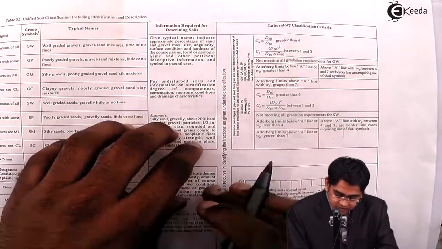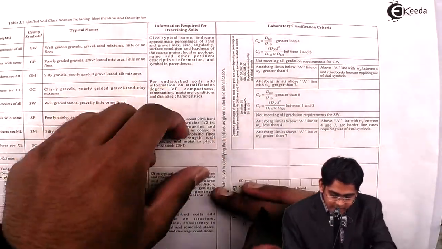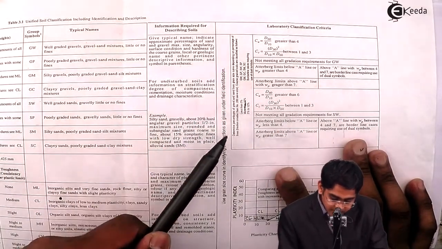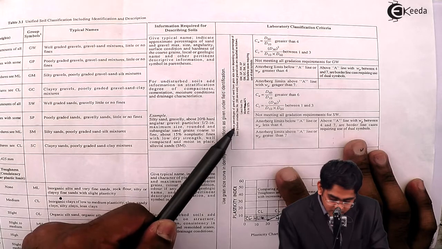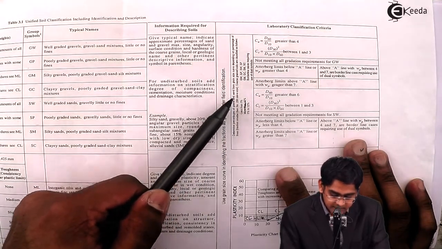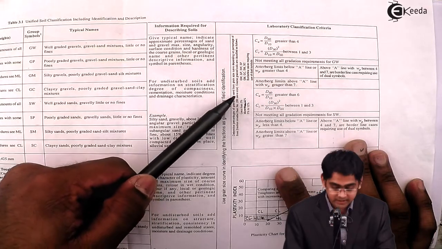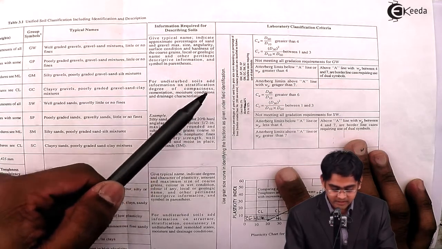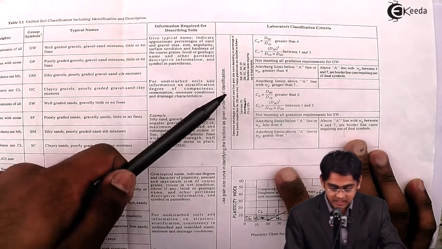That means if you read this statement, you need to find out the percentage of the fines, that means finer than number 200 sieve size. US number 200 sieve size, that means 75 micron size. That's what we have seen in the previous slide.